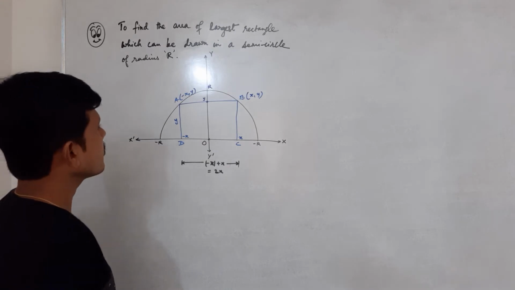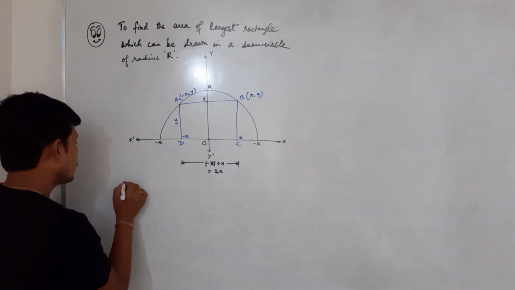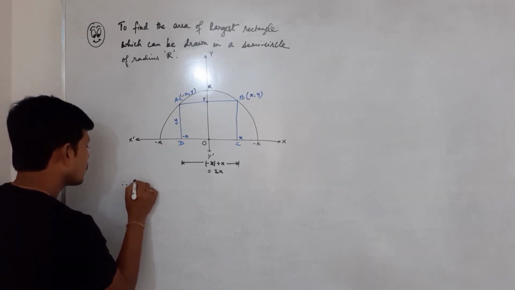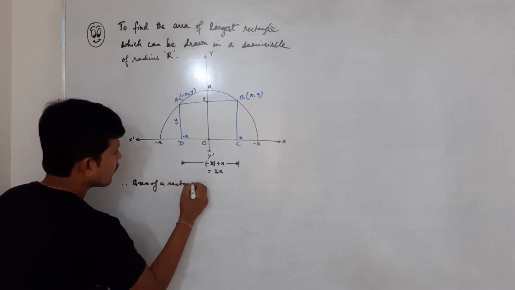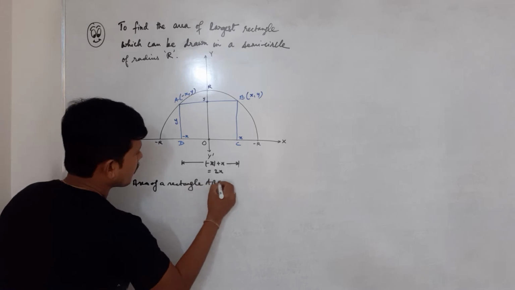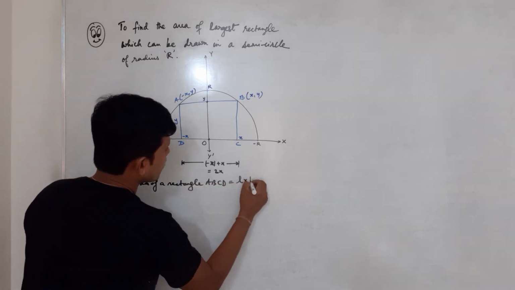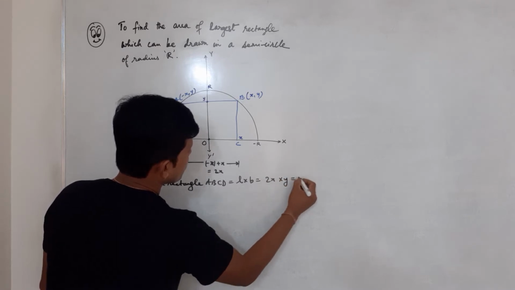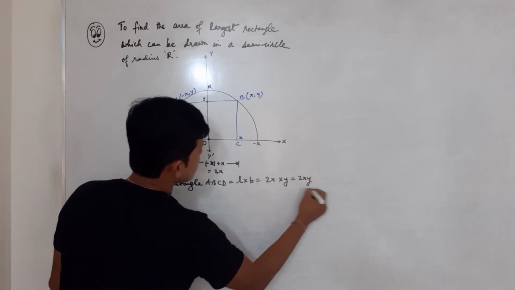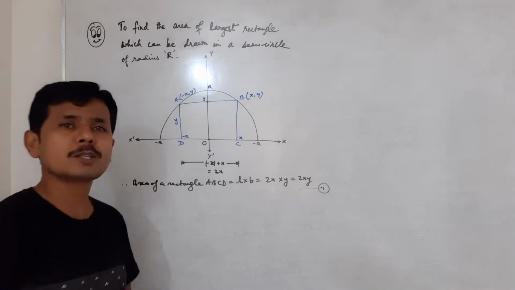You can see it clearly over here. Therefore, area of rectangle ABCD is equal to its length times breadth, and length is twice x into y. So we got 2xy. This is the first equation.